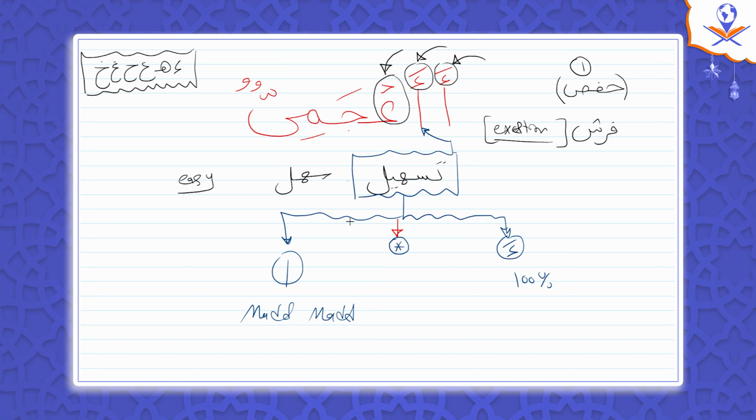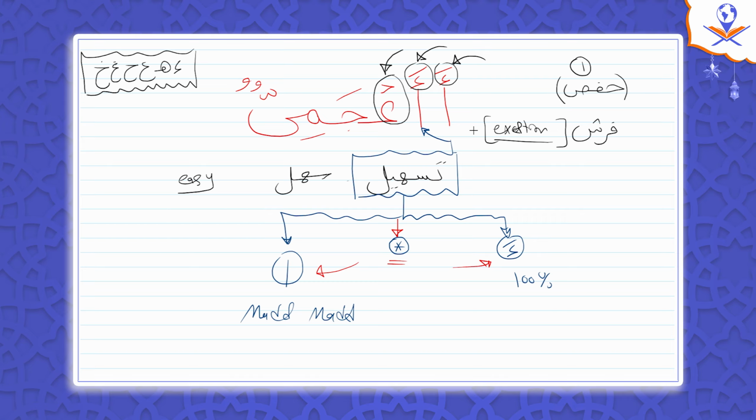أعجمي. No, I will be pronouncing the second hamza at a level between this one, which is hamza, and this one, which is a mad letter. So it becomes like this. Ha, ha, ha. So it's not a from the deepest part of the throat. And on the other hand, it's not a.